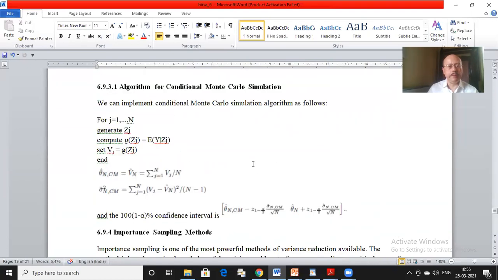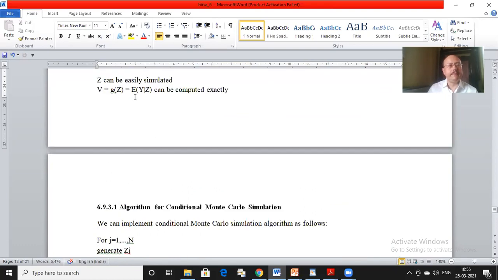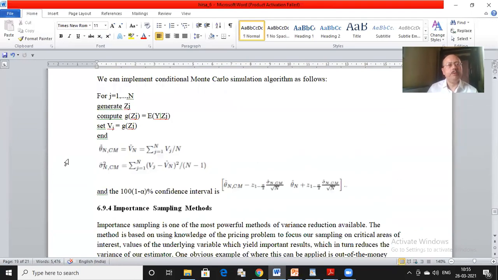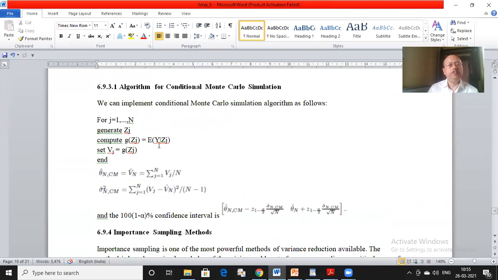So if I can do that, then I can use this conditional Monte Carlo simulation algorithm to generate n many paths. I generate zj, this new variable. Using zj, I compute the conditional expectation of y given zj, which is g of zj, which I call vj.